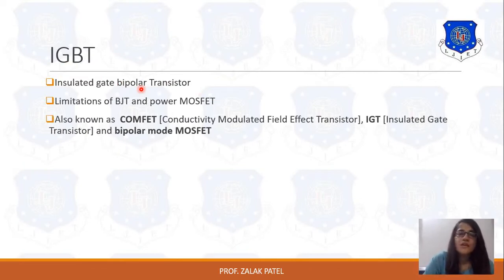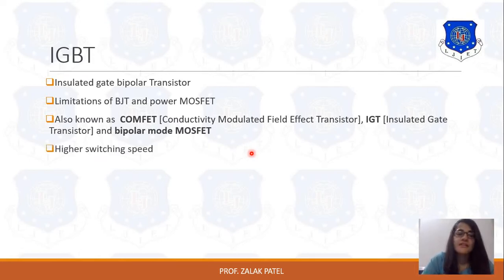It can also be known as the conductivity modulated field effect transistor. It is also called IGT, insulated gate transistor, and bipolar mode MOSFET. So it can also be asked to discuss COMFET or IGT or bipolar mode MOSFET for IGBT.